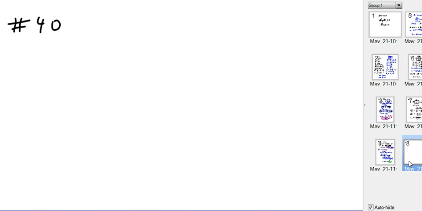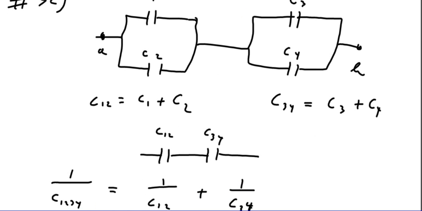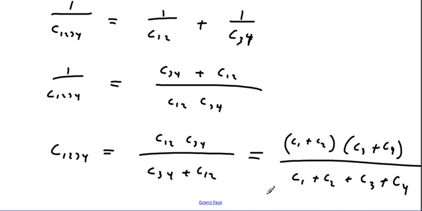Number 40. Okay, I've got some voltage across a network of capacitors. Oh, I'm not done with the last problem, am I? I still have to come up with, I came up with the total capacitance.